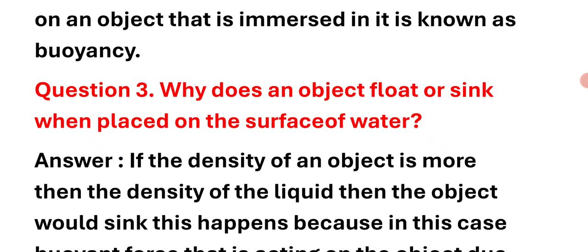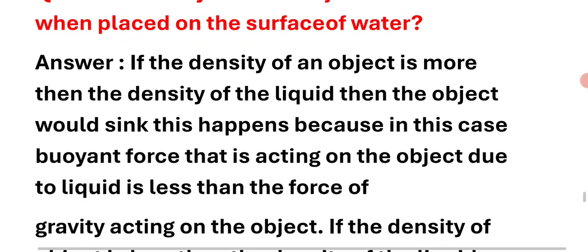Question number 3. Why does an object float or sink when placed on the surface of water? Right answer. If the density of an object is more than the density of the liquid, then the object would sink.